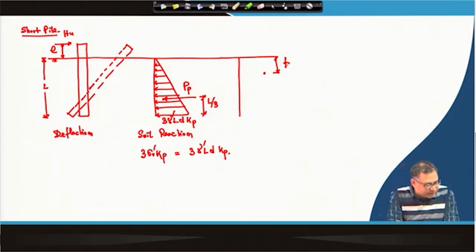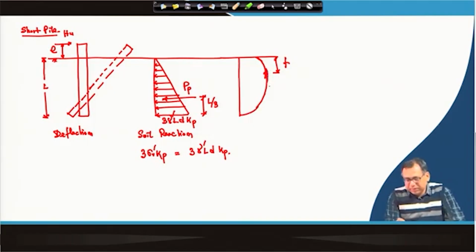Here that type of condition does not exist. So, there will be a maximum moment.